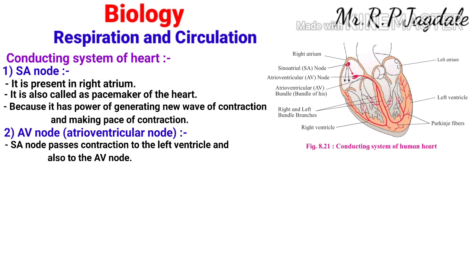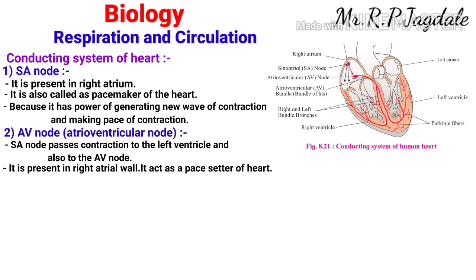The location of the AV node is the right atrial wall. And the AV node acts as a pace setter of the heart because it receives contraction from the SA node, and it sets the pace of the heart. That's why it is called the pace setter of the heart.